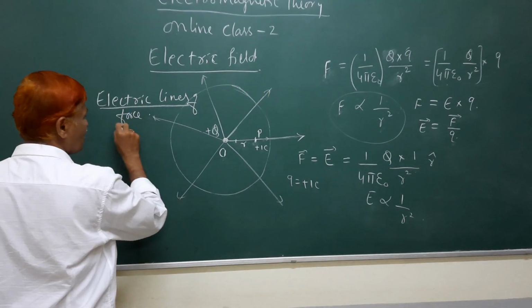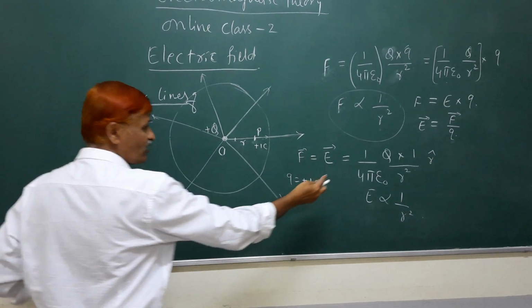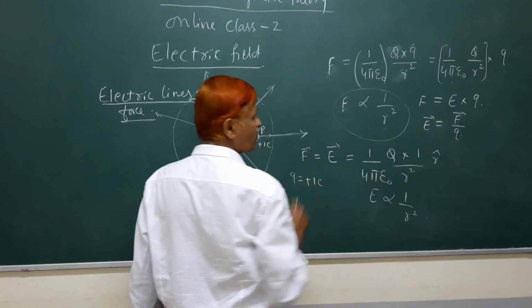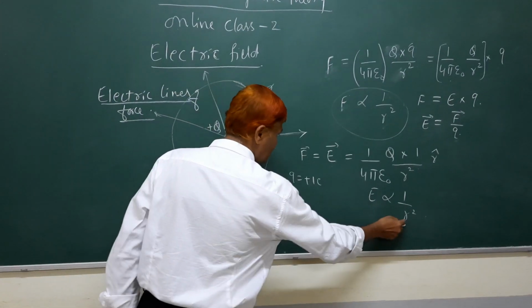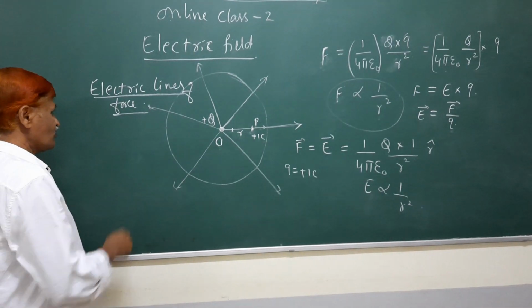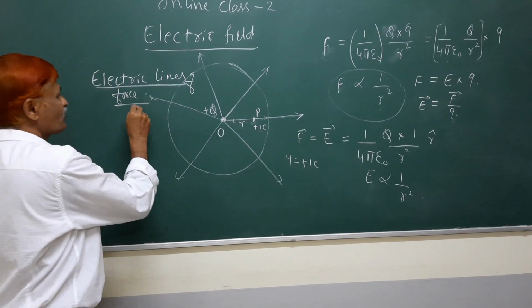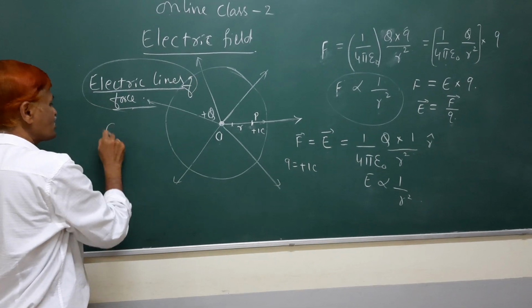It is an idea, a concept. It is useful to understand the variation of force with distance, or electric intensity with the inverse square of the distance. We assign properties to this concept.